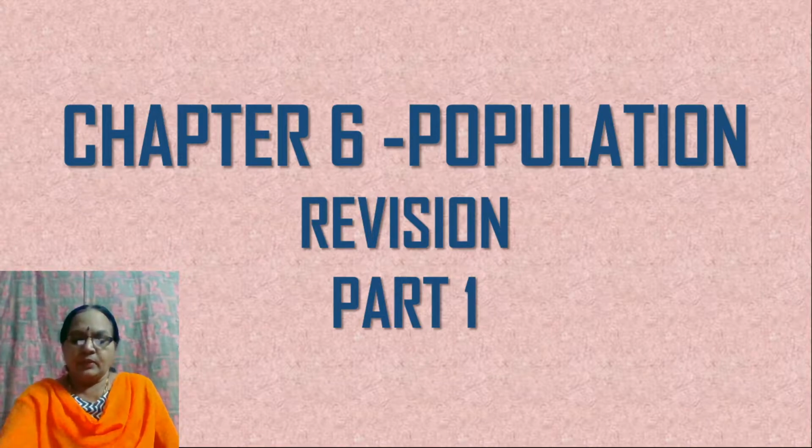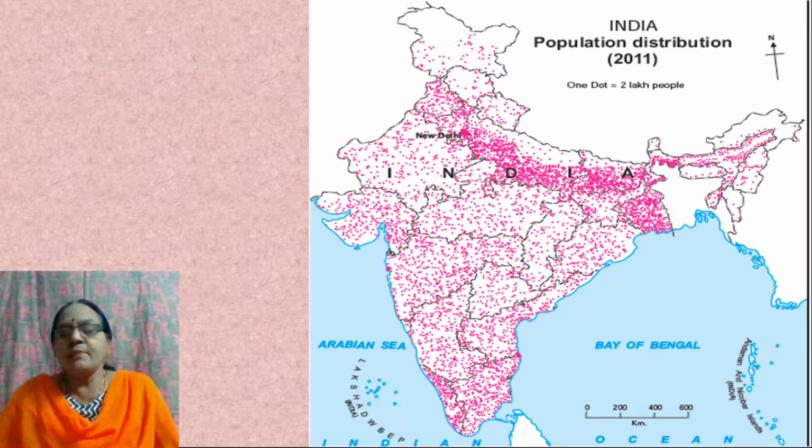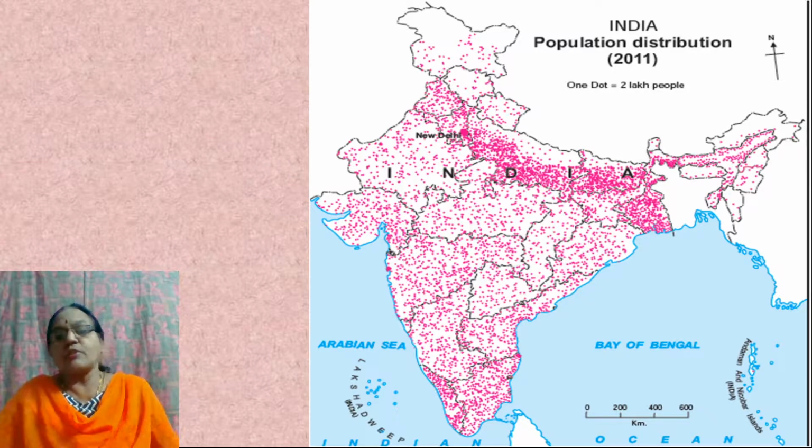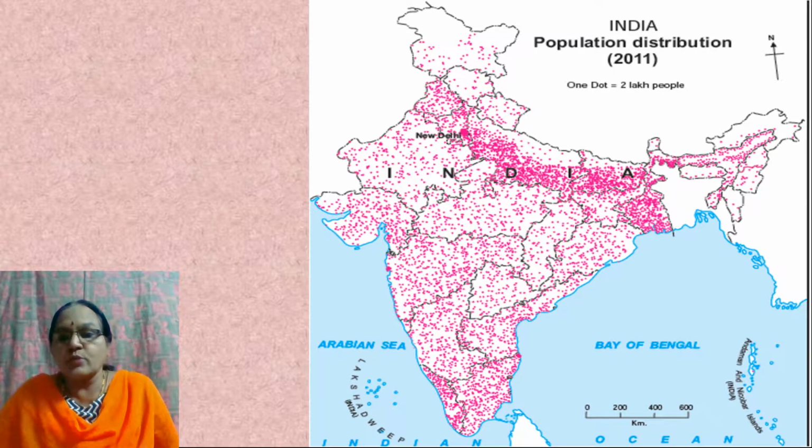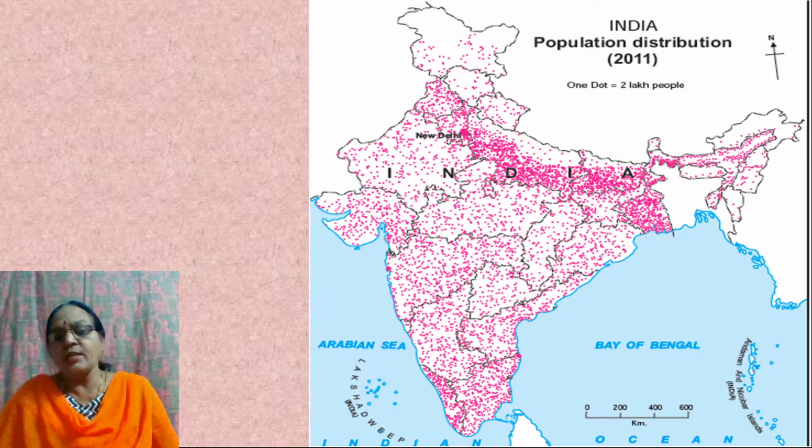Now, this is the population distribution map, which shows you the distribution of population of India according to the 2011 census. The dot method has been used to show the distribution of population in India.